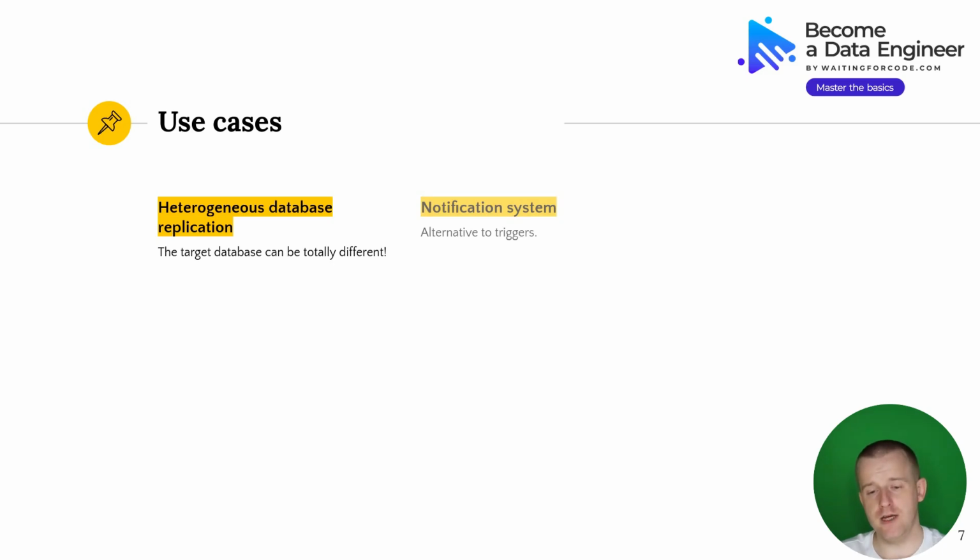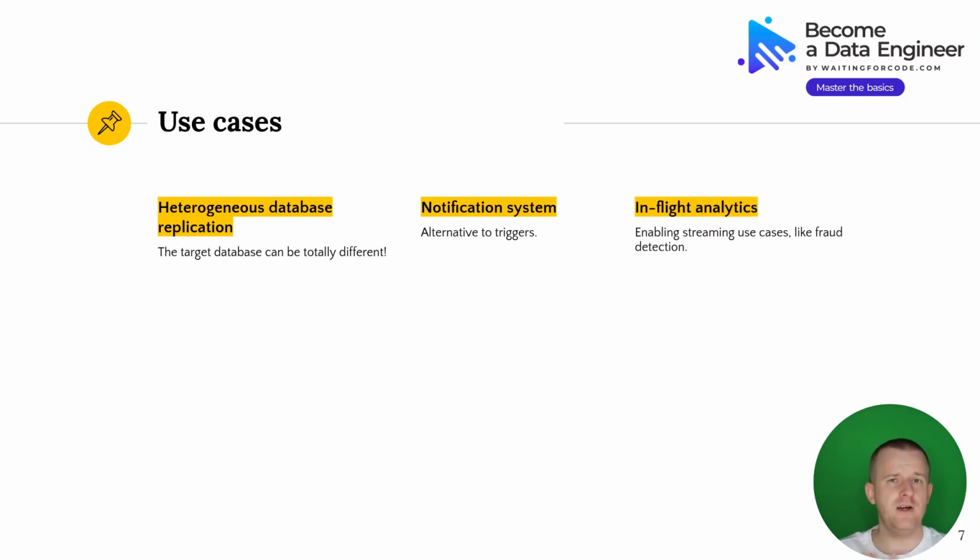We can also have some kind of notification system, so you can detect any serious events like a new order, the first order of a customer, and other interesting things. You can also do some in-flight analytics, even though you have data stored in SQL and it should be enough to do ad hoc analysis, but still you can do some in-flight analysis to implement streaming use cases.